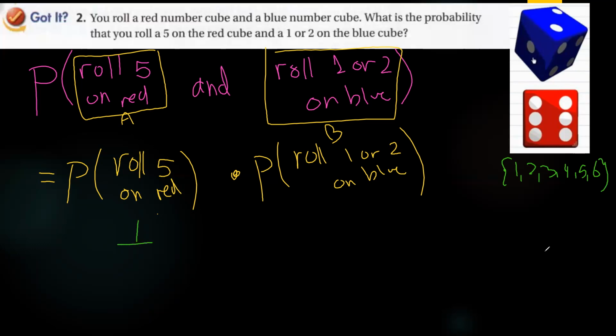Thank you. 1 over how many possible outcomes? 6. Times probability of rolling 1 or 2 on the blue. 1 or 2 over 6. How many numbers? They are 1 and 2. So we have 2 numbers over 6, which is 2 over 36.